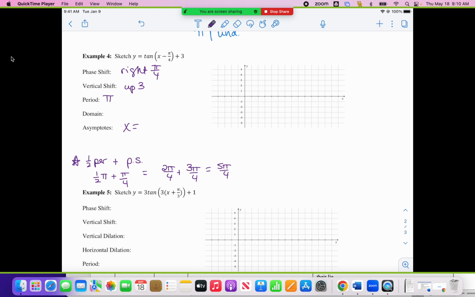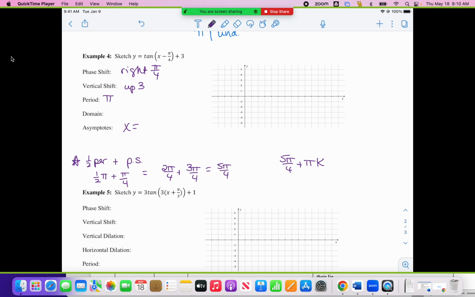Do you see that? But the period length is pi k. Is there one before 5 pi over 4? Yes, because I took half the period, which is pi over 2, and then I add the phase shift.